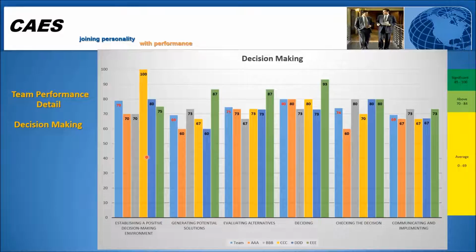So in our first scoring, we can see that everybody seems to be pretty good at participating and establishing a positive decision-making environment. Obviously, member C stands out a little bit on that, but everybody is very positive. Generating potential solutions, we can see that member E is a little bit more strong at that, where perhaps we could work with members A and D in their solution contribution and the need to contribute.